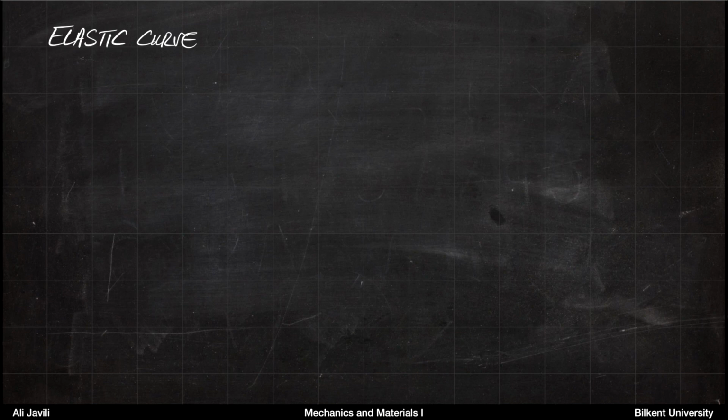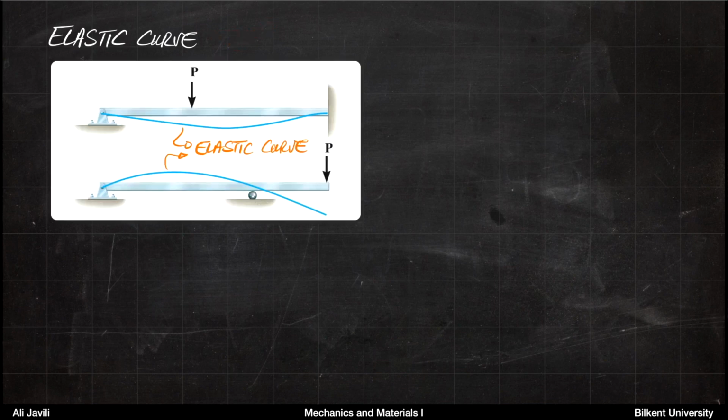So in this lecture, essentially what we want to do is to find the so-called elastic curve, or the deflection of beams. Now, if you think of a beam, whether it is clamped, supported, or an overhang beam or a simply supported beam, it doesn't matter. If you have that beam under loads, whether concentrated forces or different types of loads, you can imagine that the beam will deflect, it will deform.